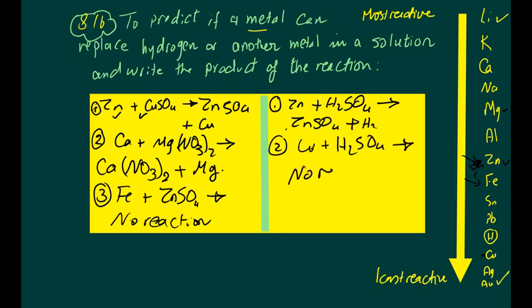So no reaction. While aluminium can react with an acid, forming aluminium chloride and hydrogen. And the higher the element in the series, the easier for the reaction to take place.